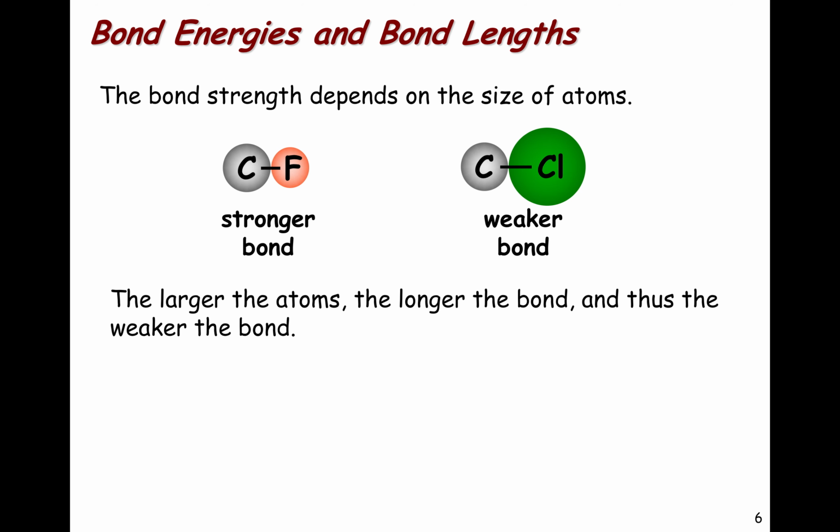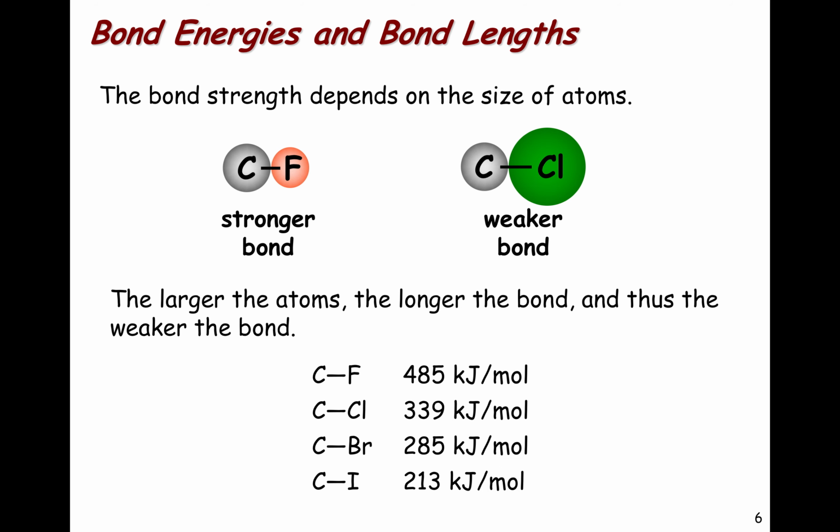It turns out that this is consistent with the data that is observed, and so shown here are the values for the carbon halogen single bonds, and so indeed the C-F bond is the strongest.